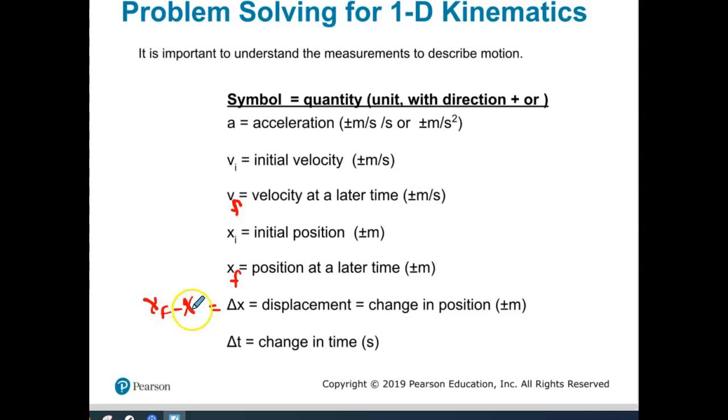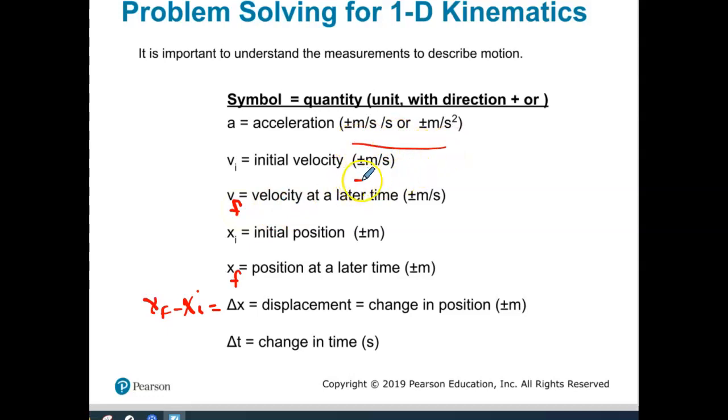So I have given you kind of an overall view of all the different ideas that you could measure. Sometimes the final is just left out, so it just means later in time. So initial velocity and then a velocity later, that's fine. Some notations use finals and some don't. So I also gave you the units.